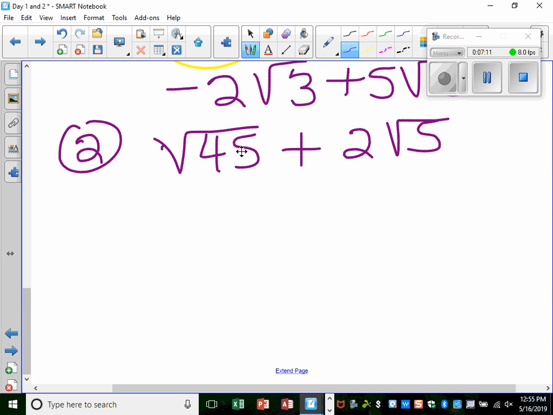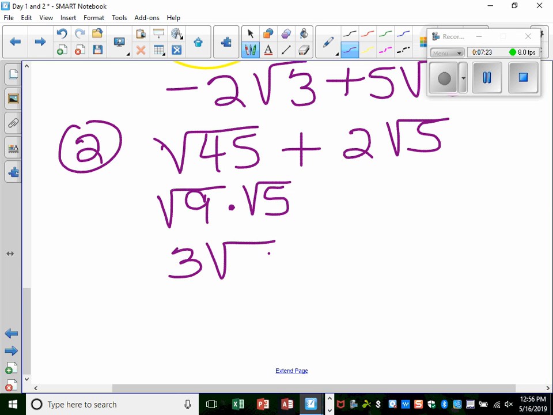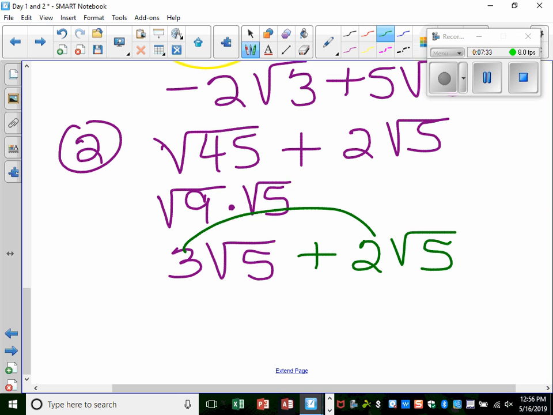Okay, so you can actually break down the 45 to 9 times 5. Take the square root of 9 out, which is 3 rad 5. Bring down the plus 2 rad 5. Now they're like radicands. I can now add the outside numbers together, and that's going to give me what? 5 rad 5. That's it.